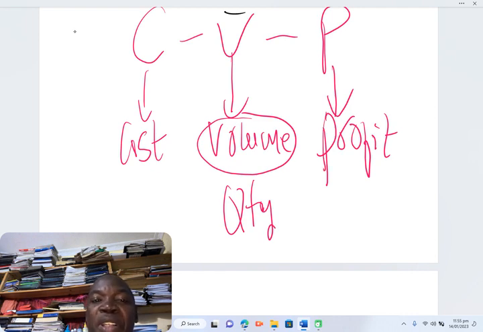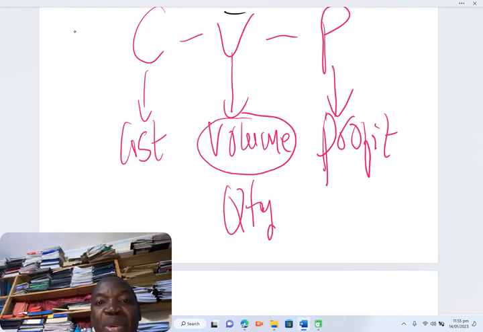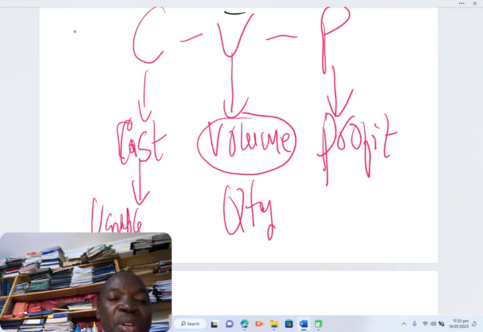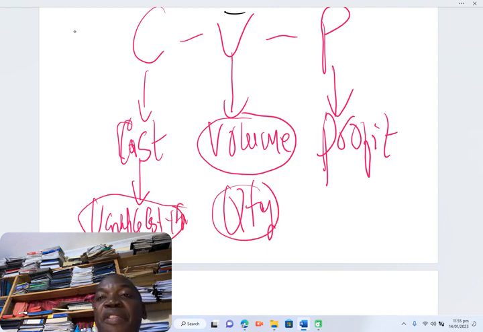The term profit is well defined. The term cost means the total cost, which is variable cost plus fixed cost. There are several assumptions that you can now see.